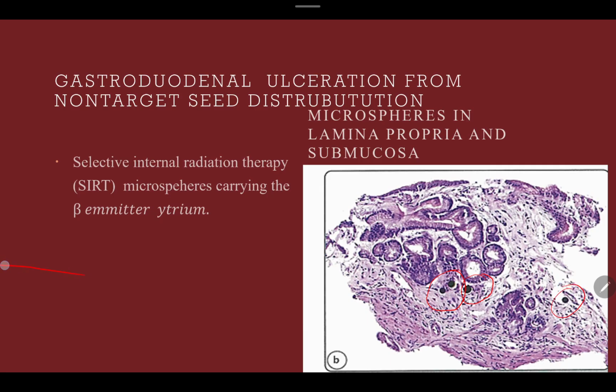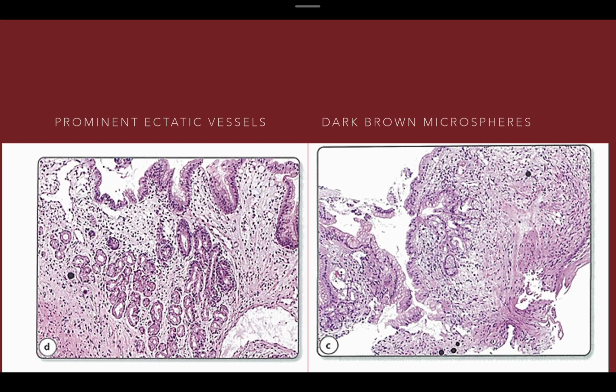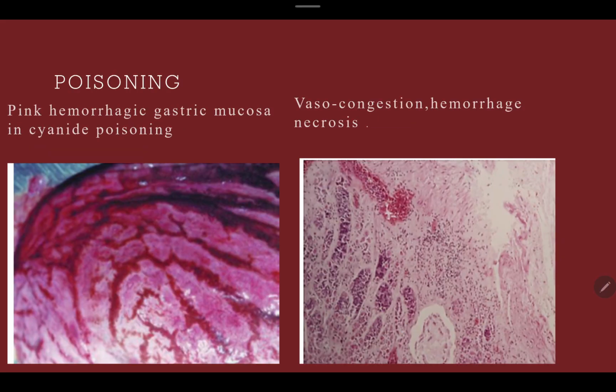Here you can see these microspheres. Here we will also see reactive epithelial changes, hyalinized lamina propria and prominent ectatic vessels. Here you can see prominent ectatic vessels and dark brown microspheres.